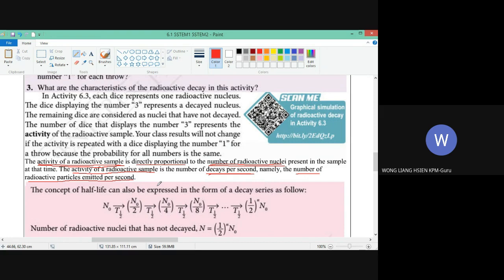So for example, if every 1 second 1 unstable nucleus decays, then that means every 1 second 1 radioactive particle is emitted, right?